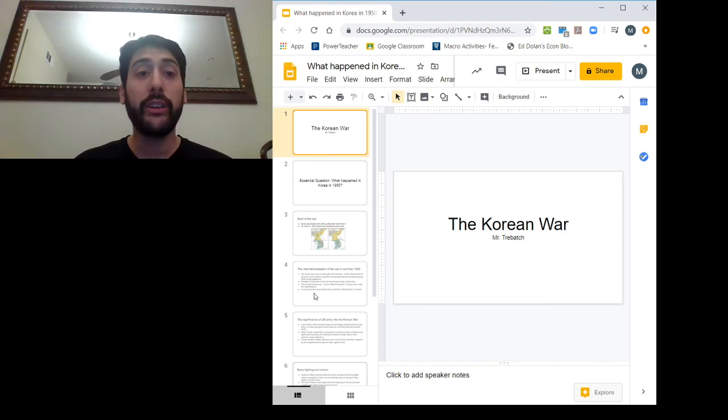Then at Incheon, Douglas MacArthur counterattacks, cuts their supply lines. They push all the way north, way past the 38th parallel, up to the Yalu River. Once they get up to the Yalu River, the Chinese are going to get into the war, push the UN forces and the Americans all the way back. And this is really where we are at the end of the first year of the Korean War.